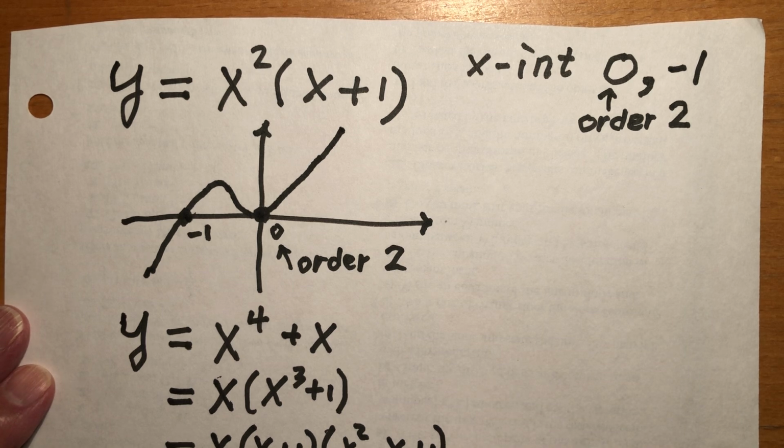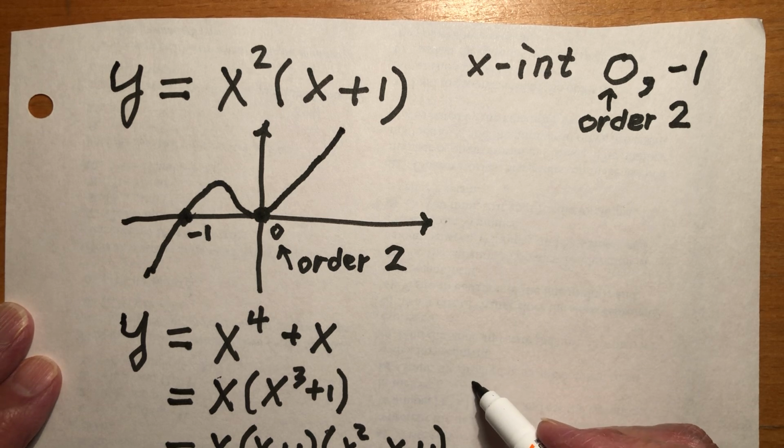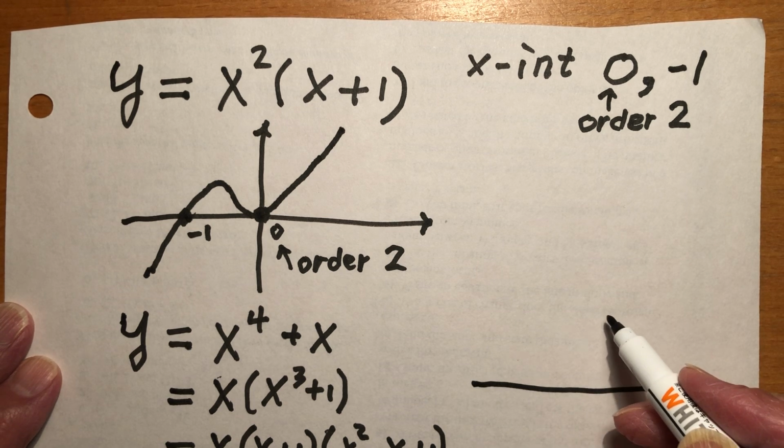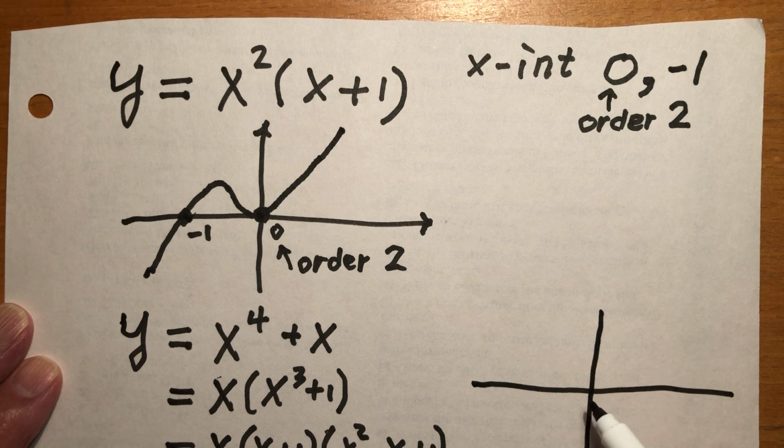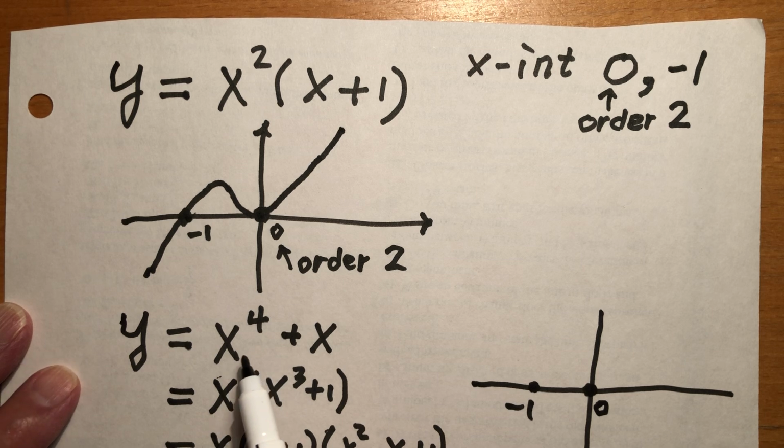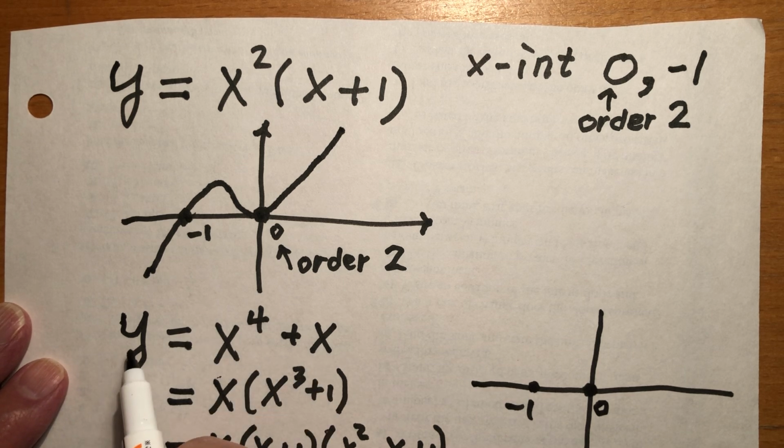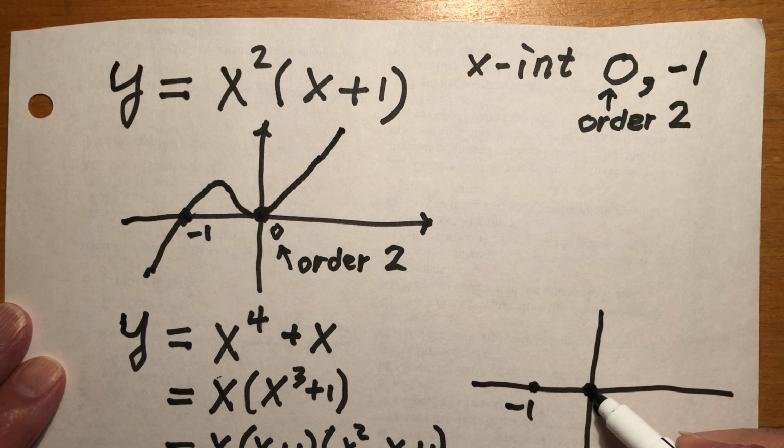So no x-intercept. Only x-intercepts are these two numbers, 0 and negative 1. What is the y-intercept? I let x equal 0, y is 0. So this is both x-intercept and y-intercept.